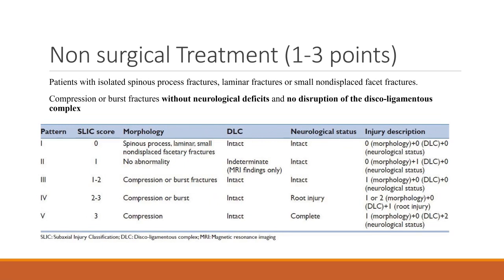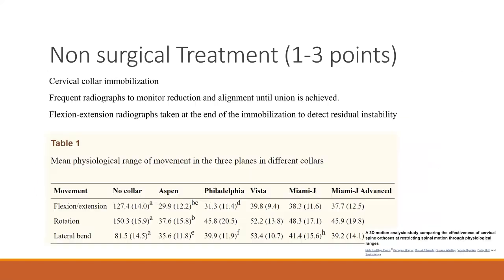Fractures such as burst fractures or compression fractures with lower scored neurologic deficits will frequently necessitate an MRI to ensure that there is no disruption of the DLC, and may still be treated non-operatively with a score of 3. Non-surgical treatment generally consists of a cervical collar for immobilization with frequent radiographs performed to monitor reduction and alignment, usually with dynamic films near the end of the 12-week period to ensure no further changes.